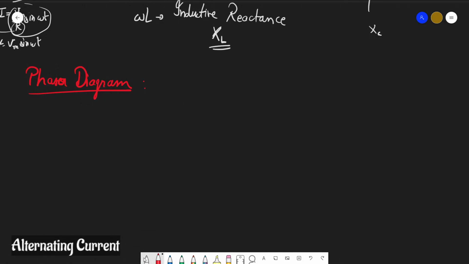Suppose this is the phasor I am considering for voltage, and this angle is omega t.